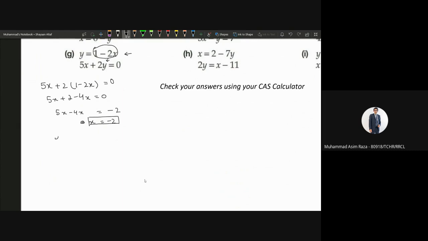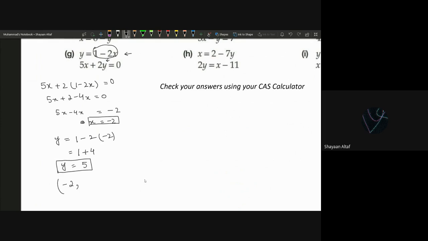And what is the value of y? 1 minus 2x. 1 plus 4, 5. x equals minus 3, y equals 5.